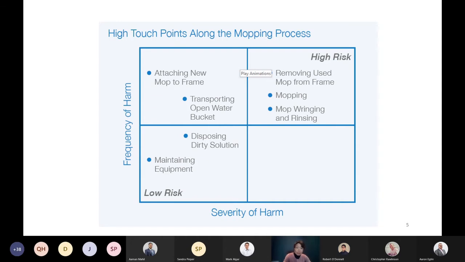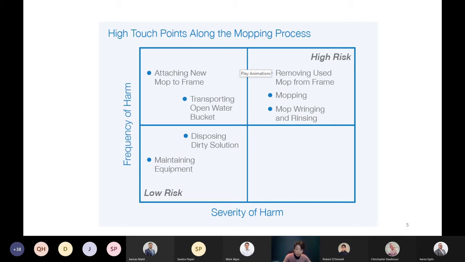When we look at the risks, we assess the risks from two dimensions. First of all is the severity of the risk, which is represented by this x-axis. The other is the frequency of the risks, meaning how many times those actions or activities would occur during a given day.